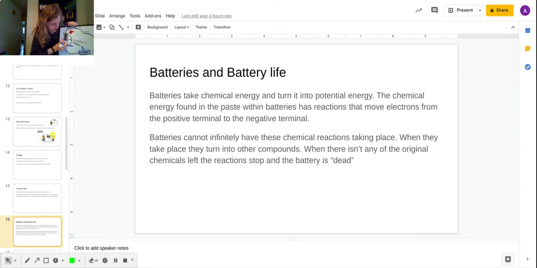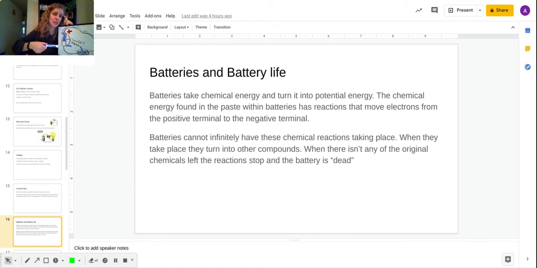So it changes. We use more of the battery, more of that energy. It changes. We use more of it. It changes. And eventually this chemical energy is used up, and then our battery is dead. There's no more of the substance, the little paste that was in there, to have those chemical reactions that cause the electrons to move.